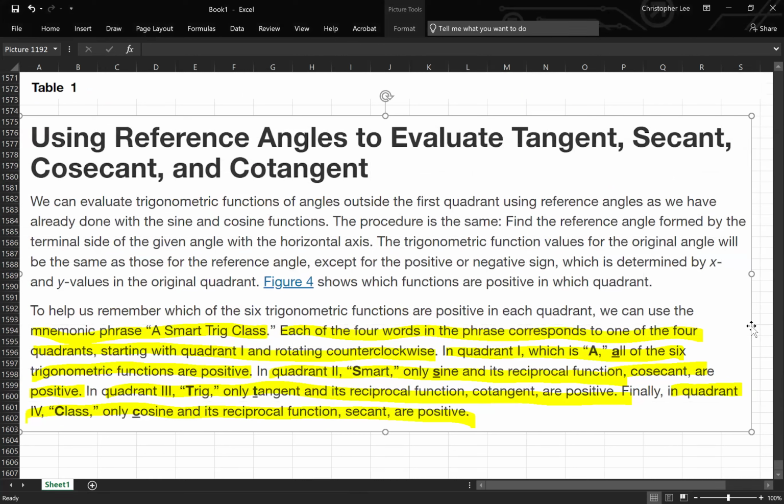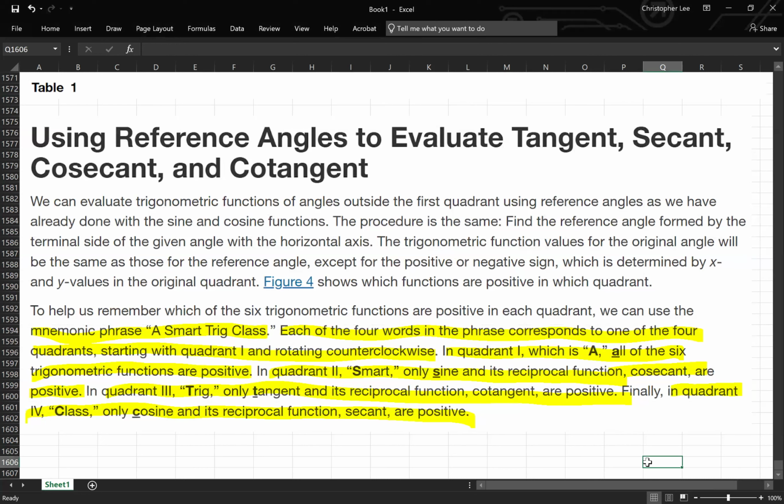All right, so using reference angles to evaluate tangent, secant, cosecant, and cotangent. We can evaluate trigonometric functions of angles outside the first quadrant using reference angles, as we have already done with the sine and cosine functions. The procedure is the same. Find the reference angle formed by the terminal side of the given angle with the horizontal axis.